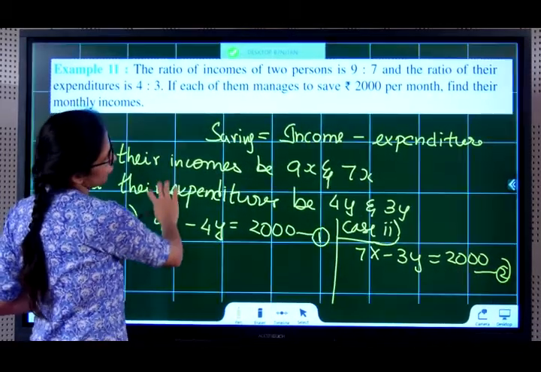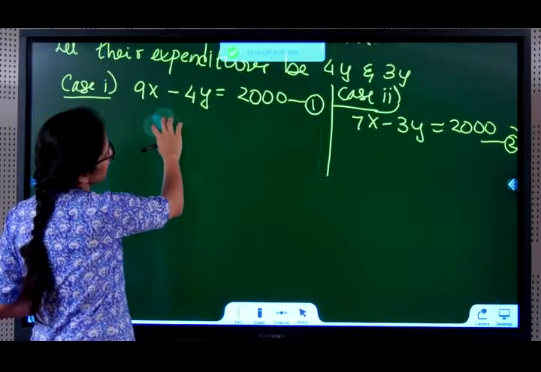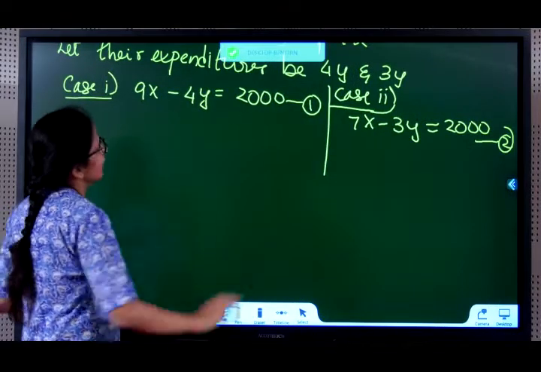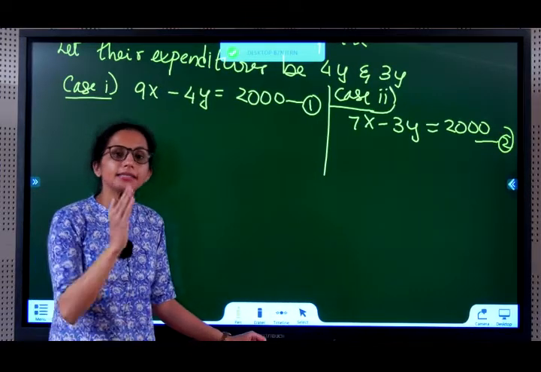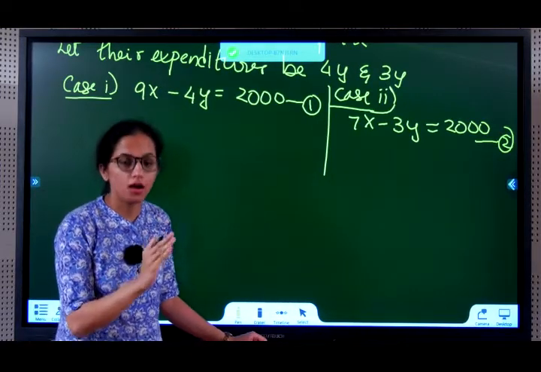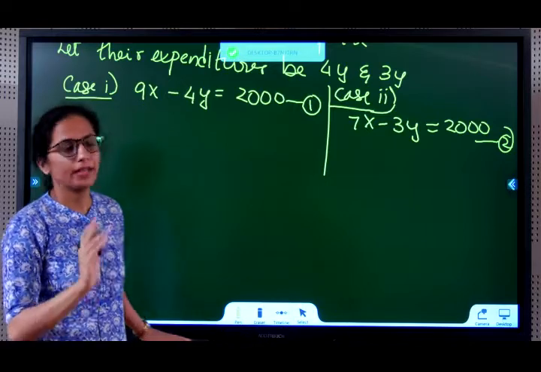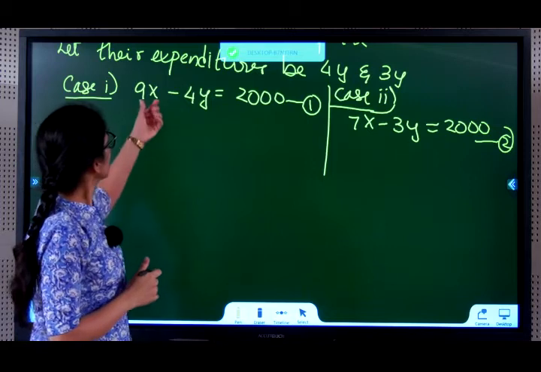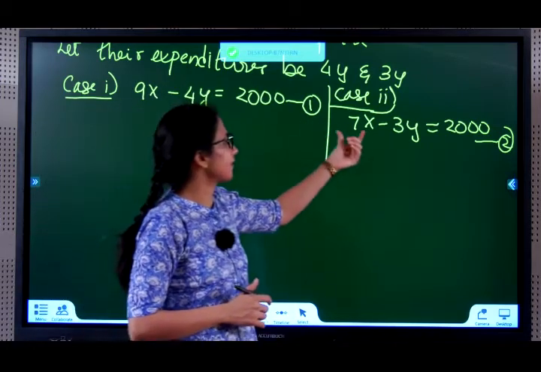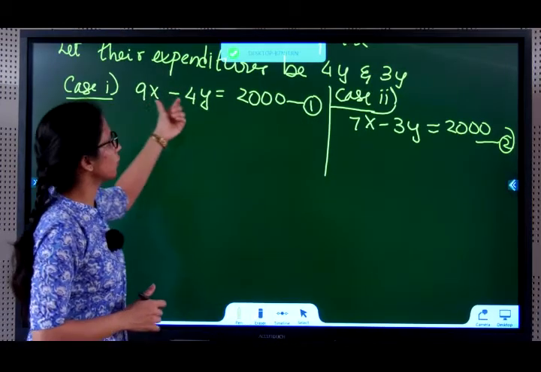So now how do we solve them simultaneously? In elimination technique, you have to make either the coefficients of x or y the same. Any one variable, make it same. So you can see this is 9 and this is 7. How do I make the coefficients same?